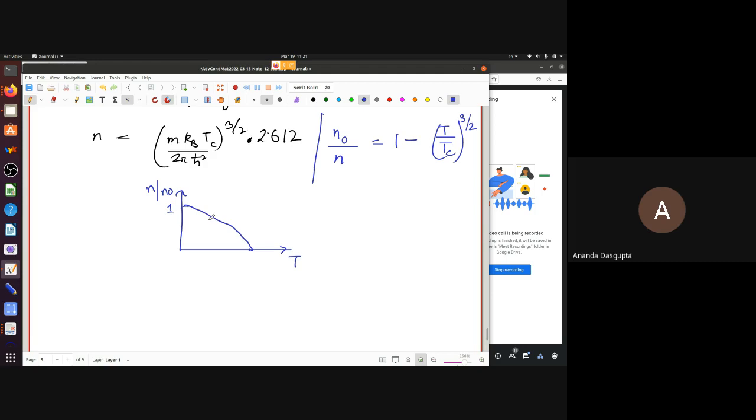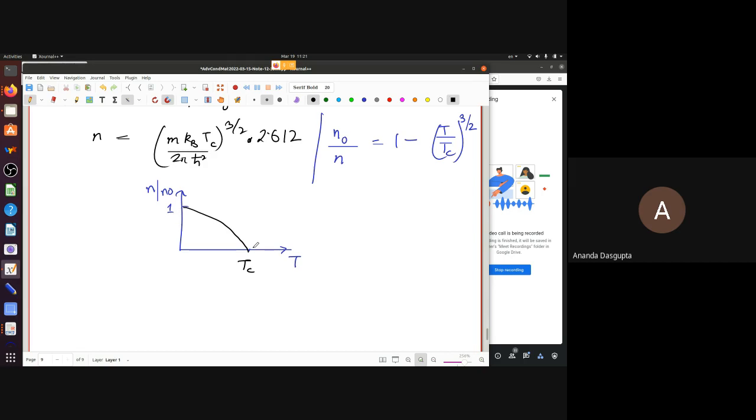So the graph somewhat looks like this. Although my drawing is very bad, but I hope you can make out what I wanted to say here. At Tc, this drops to 0. Of course, it doesn't mean that at Tc or beyond, there are no particles in the ground state.